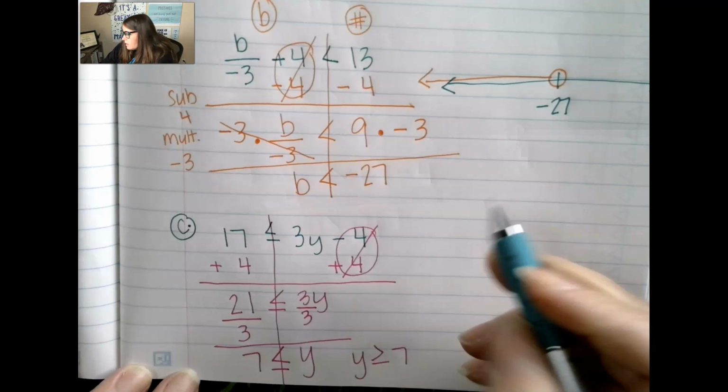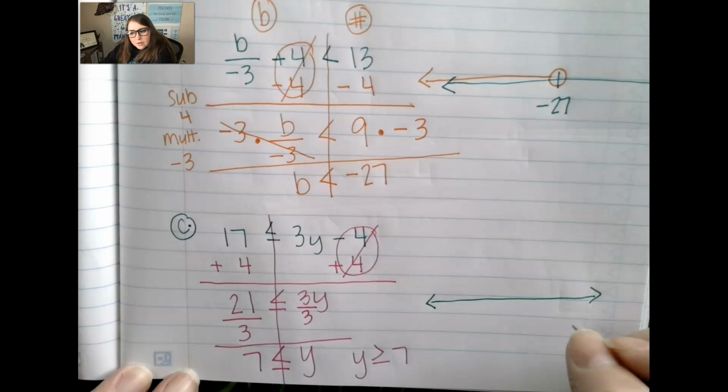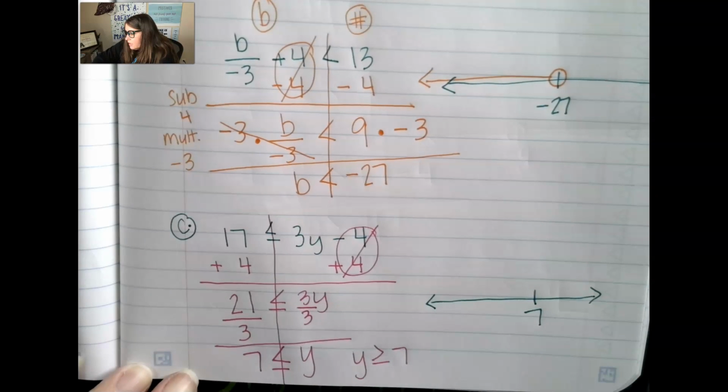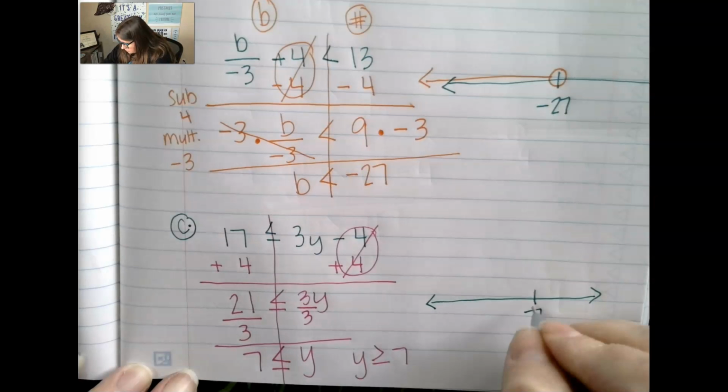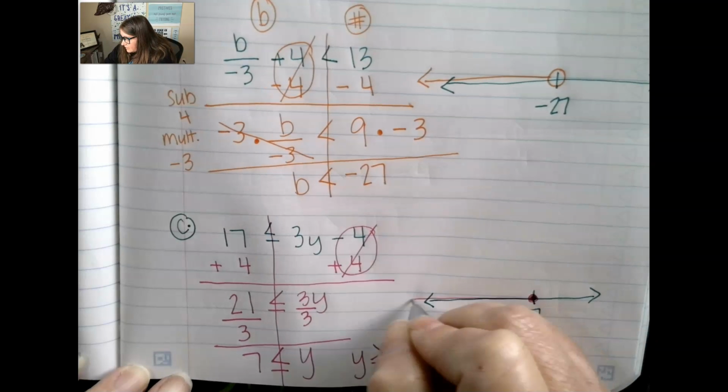So we're going to draw our number line, and we're ready to graph. At 7, we're going to have a closed dot with the arrow facing to the left.